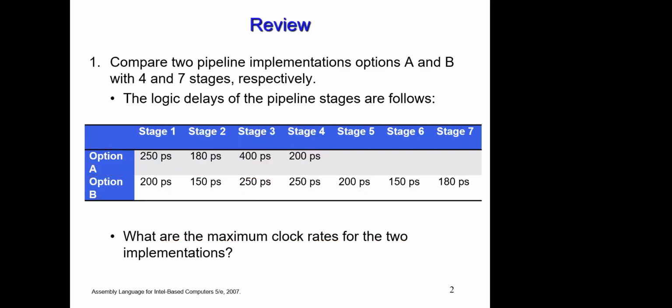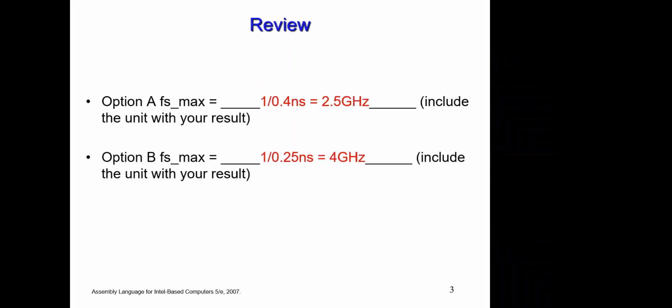I'm expecting that you will be familiar with pico, nano, giga, and so on, and what exactly they mean. So for option A, it will be just 1/400 picoseconds, which is also 0.4 nanoseconds, by the way. You can do the math and you'll find that it's 2.5 gigahertz. For option B, it's 1/250 picoseconds, which will give you 4 gigahertz.